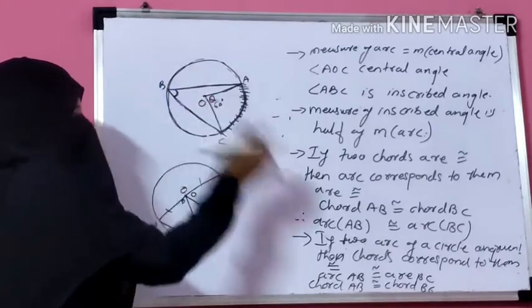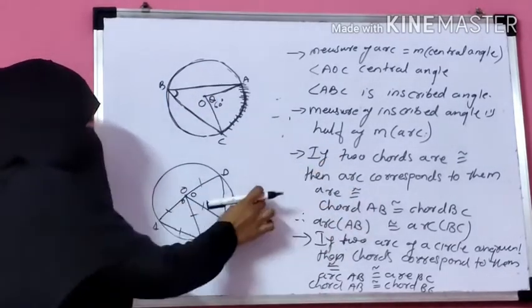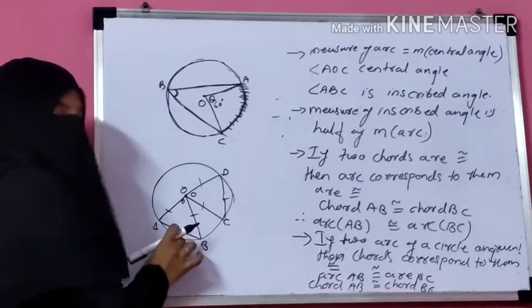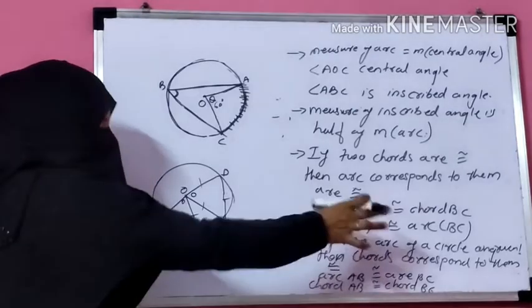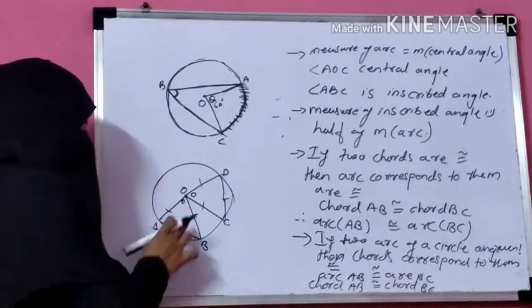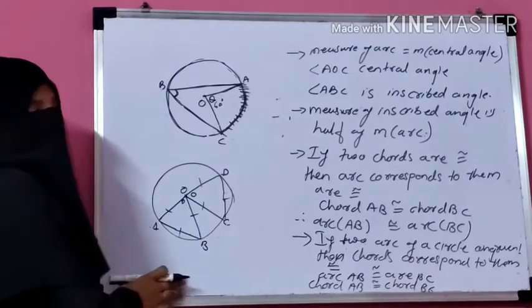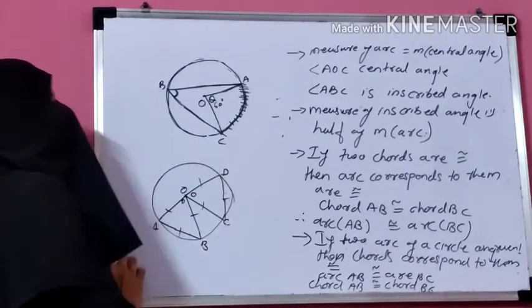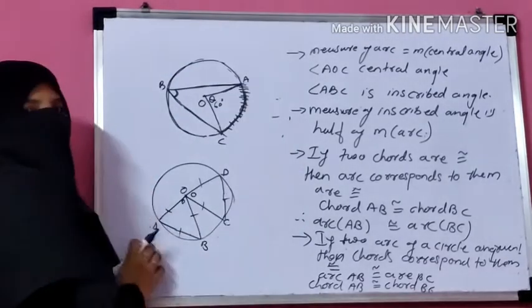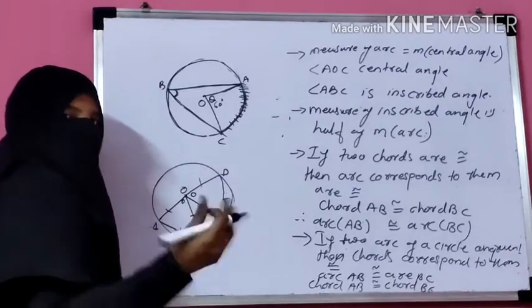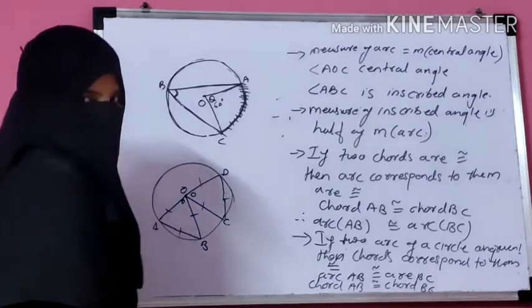Okay, and then if two chords of a circle are congruent, then the arcs corresponding to them are congruent. If two arcs of a circle are congruent, then the chords corresponding to them are congruent. Recall this point. Exercise practice set 3.3 is based on this concept. Let's move to practice set 3.3.